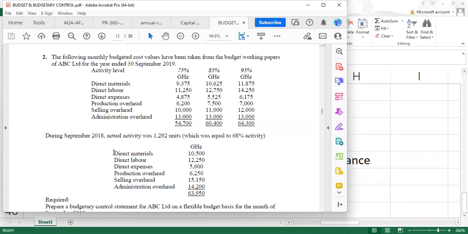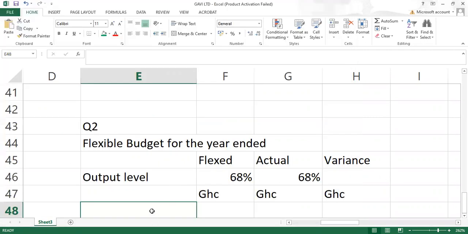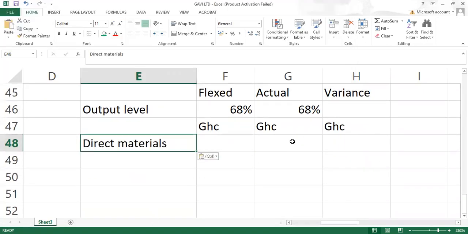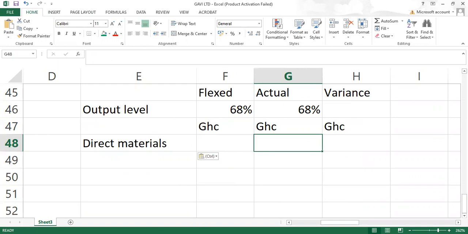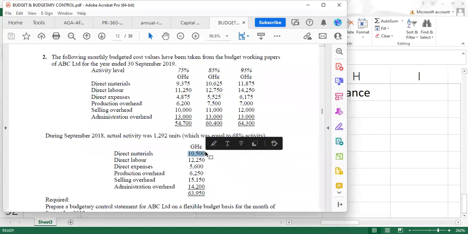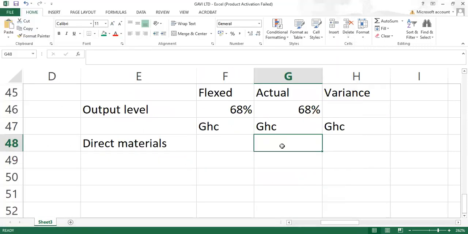Okay. So the direct material is what? The first thing that will come is direct material, isn't it? What is the actual cost for the direct material? It's 10,500. Okay. So we have to do some workings, right?